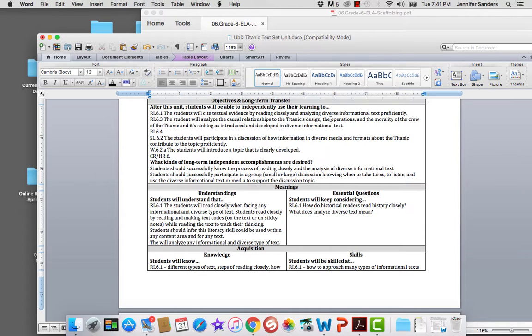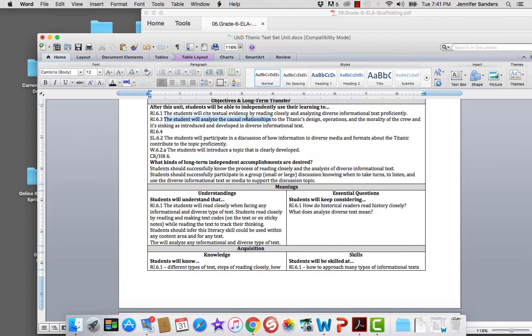Ooh, I like that. Operations. And the morality of the crew. And its sinking.